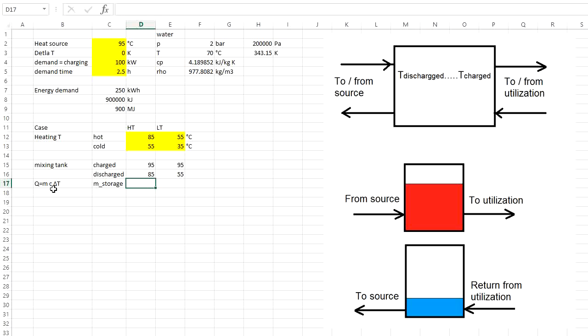So from this, if we know the temperature of the charged and discharged tank, the average specific heat capacity, we can get the mass. So it's the heat in kilojoules divided by Cp and temperature difference, charged minus discharged tank.